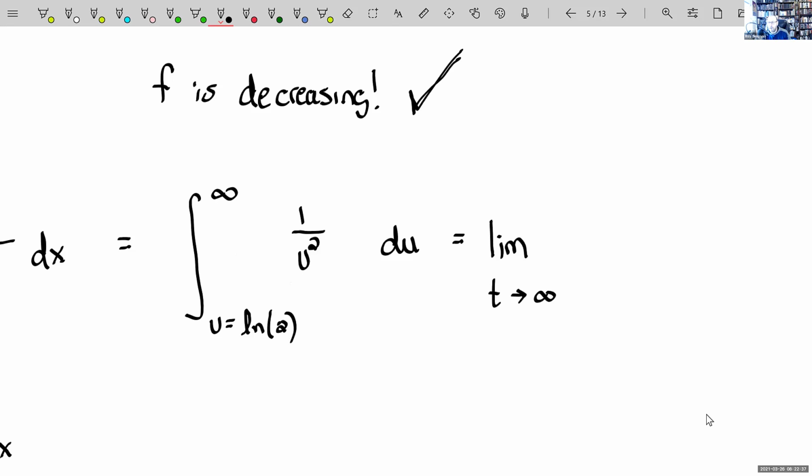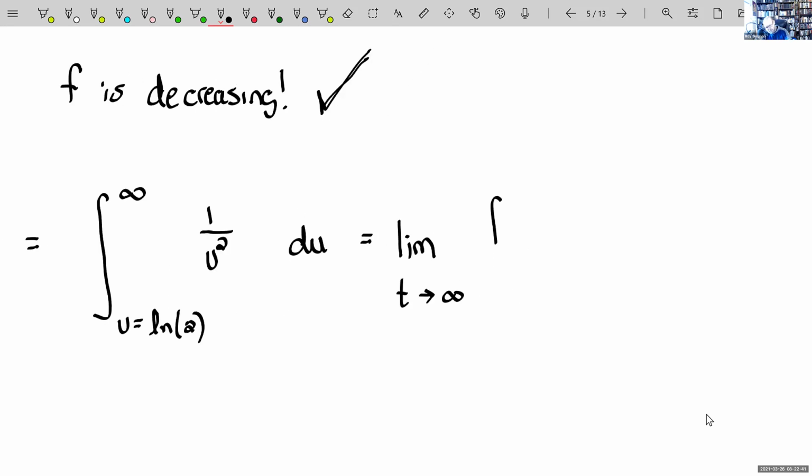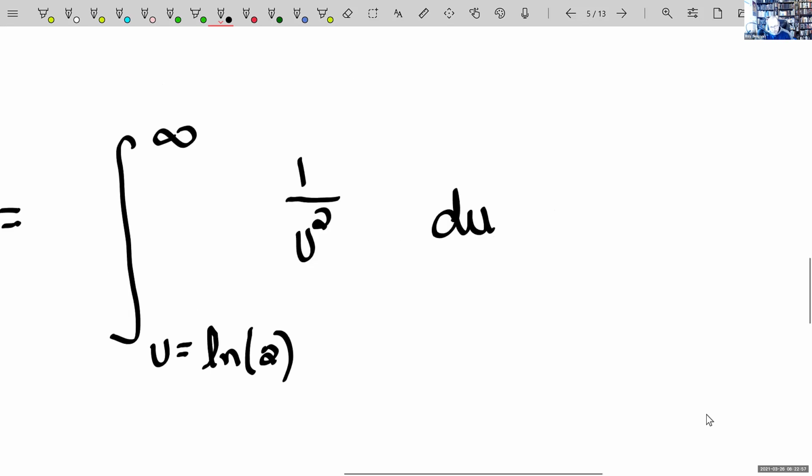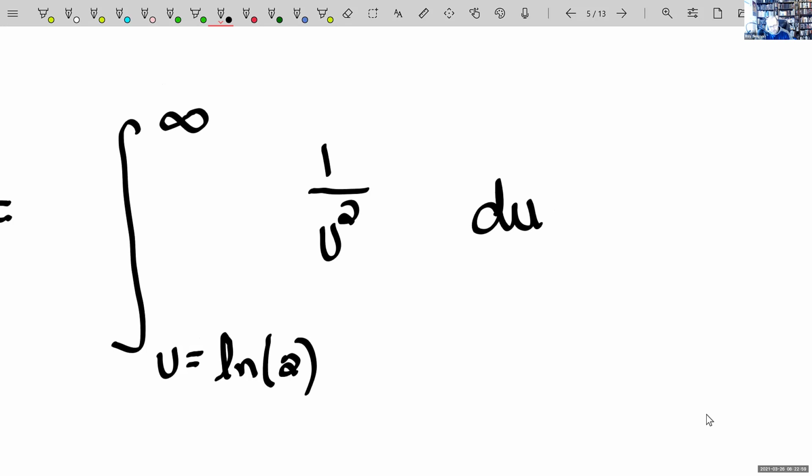Most people did great with that on the exam, by the way. Of the integral from natural log of 2 to t of u to the negative 2 du. Actually, what am I talking about? Let's just stop. The reason why I can stop is because what do we know about this integral right here?